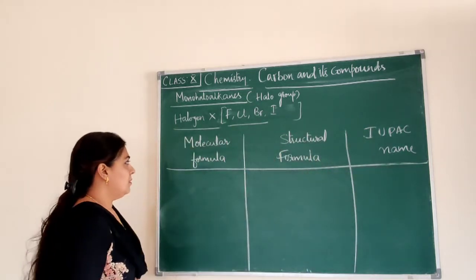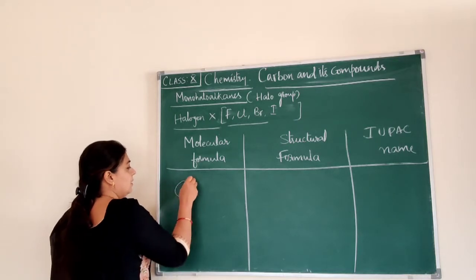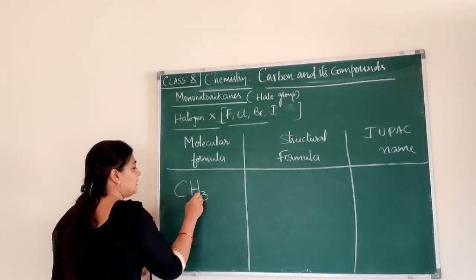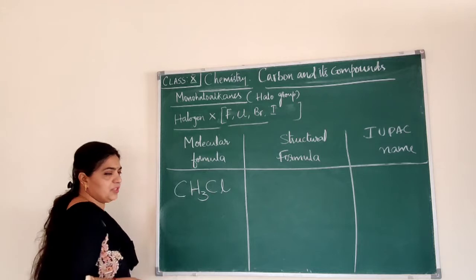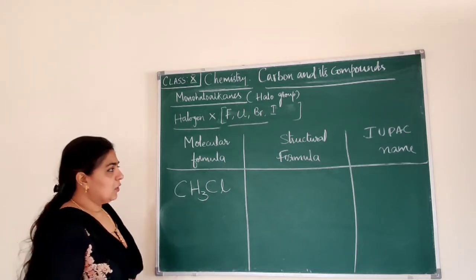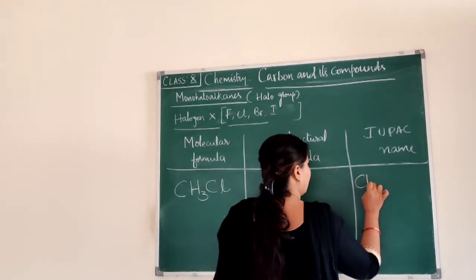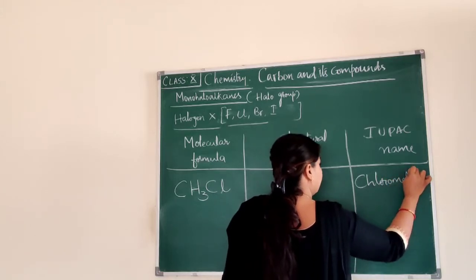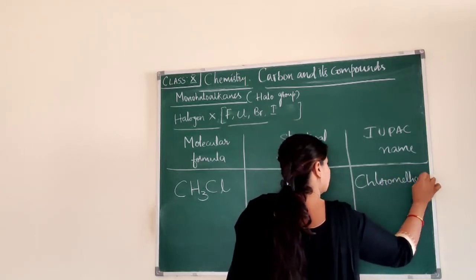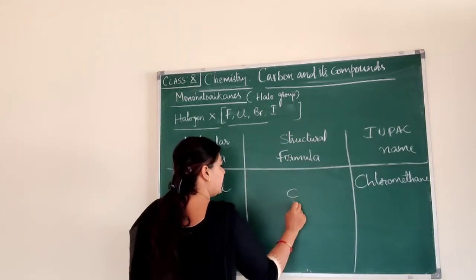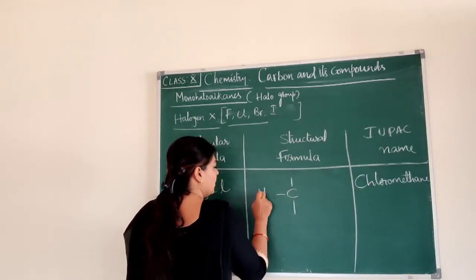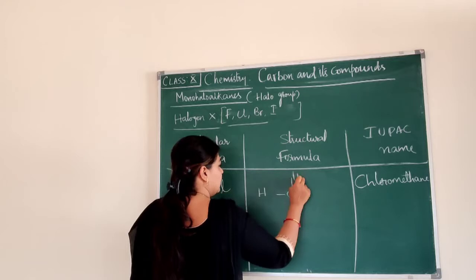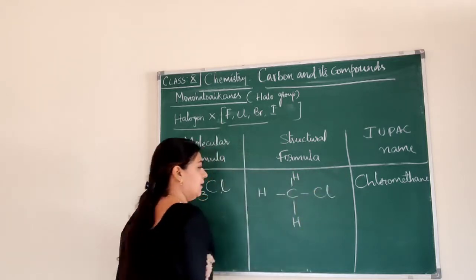So now, molecular formula CH3Cl. What is CH3Cl? It is chloromethane. Okay. So you have to write the structural formula, that is CH3Cl.